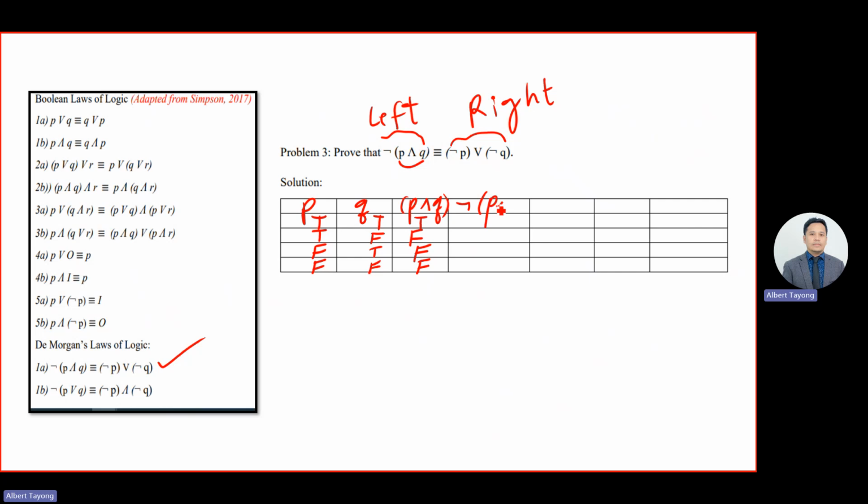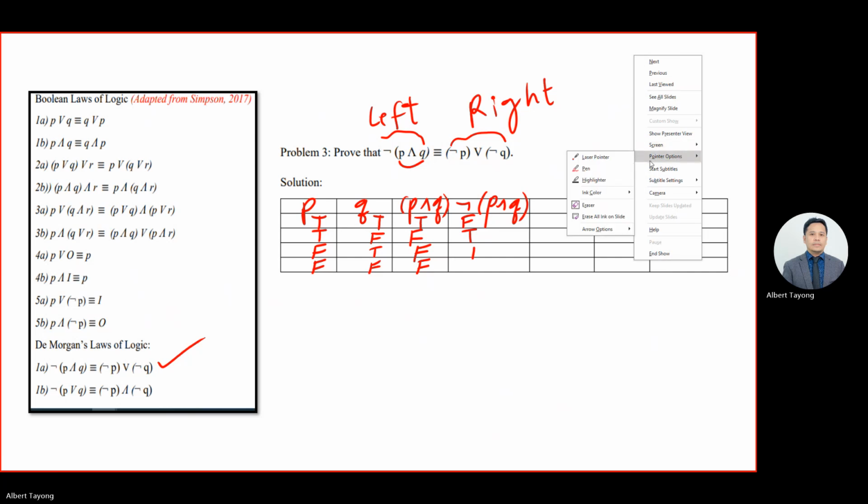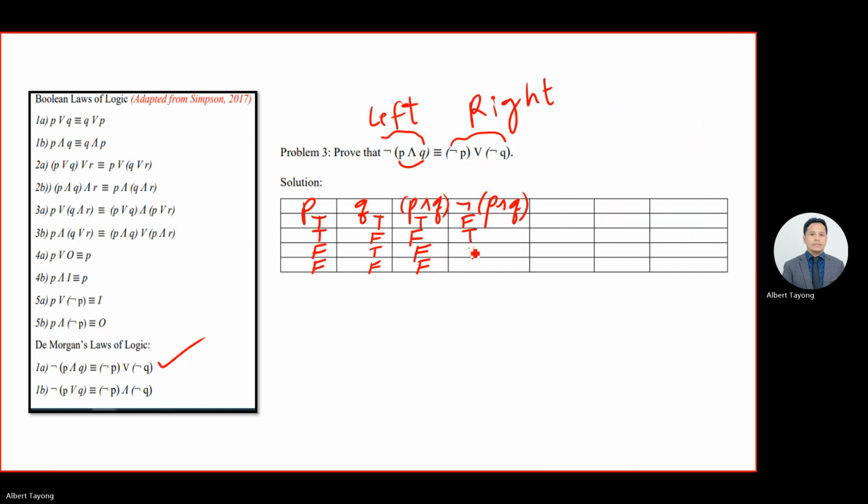And not the quantity of P and Q is the opposite of this P and Q. So not true is false, not false is true. So we get F, T, T, T. This is for the left. And here we have the right.